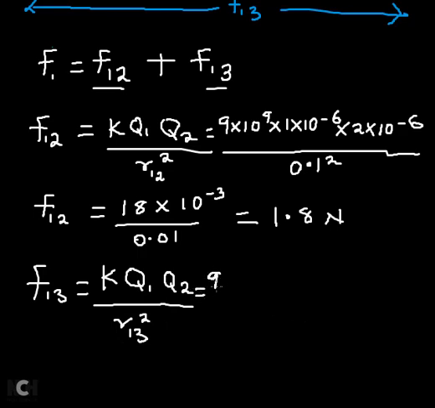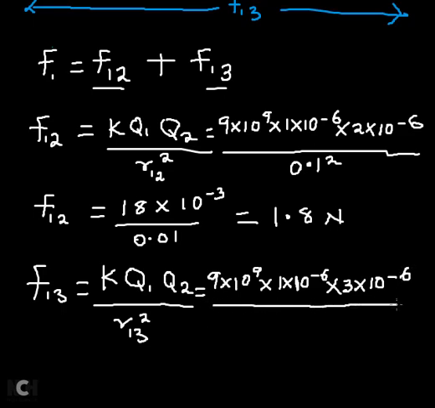I have 9 times 10 raised to the power of 9, then times Q1, which is 1 times 10 raised to the power of minus 6, then times Q3, which is 3 times 10 raised to the power of minus 6, all divided by the distance.